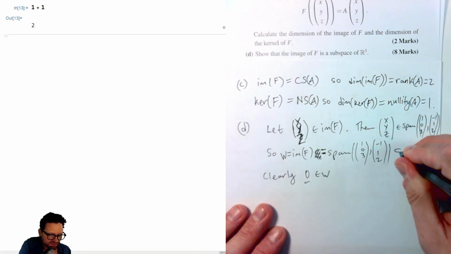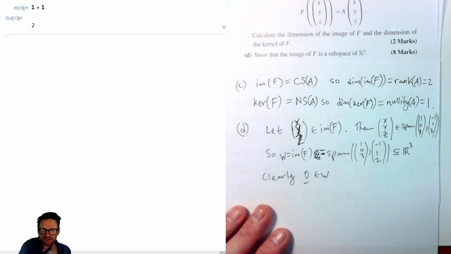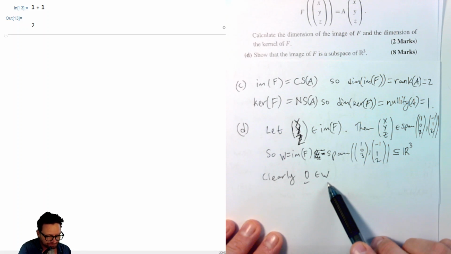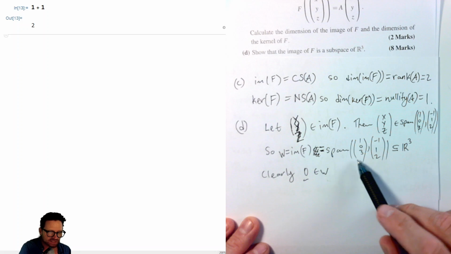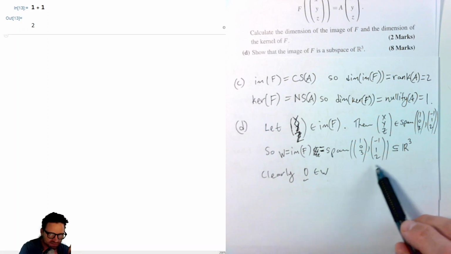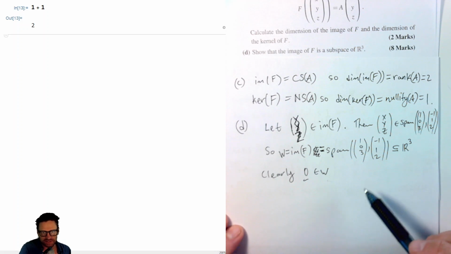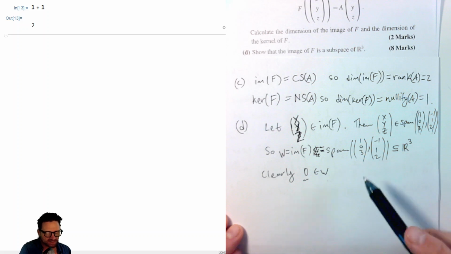And so this is a subset of R3 here. Okay, so 0 vector is in W. W is closed under addition because if we take a linear combination of these two vectors and another linear combination of those two vectors and add them together, we will get a linear combination of the two vectors.